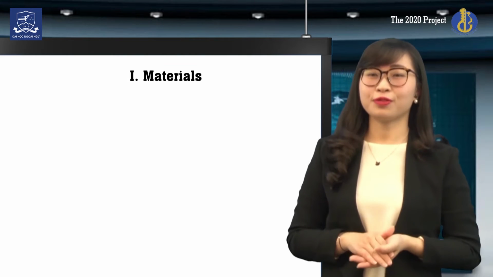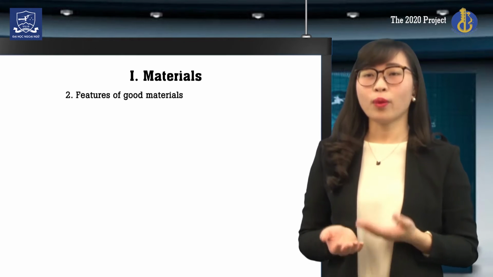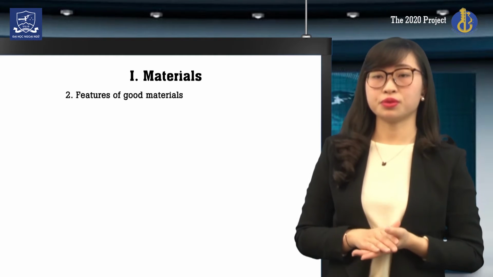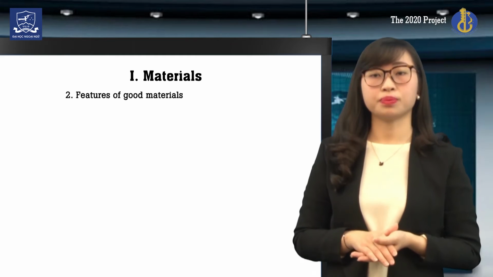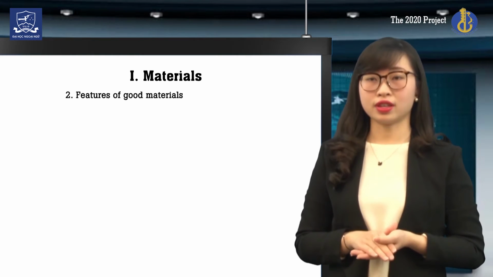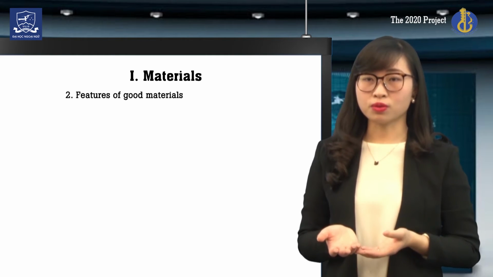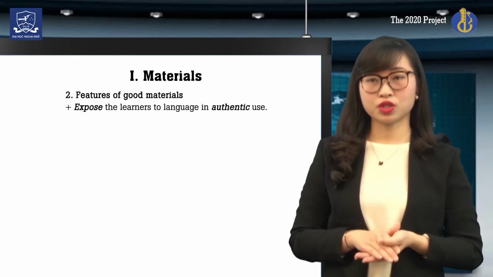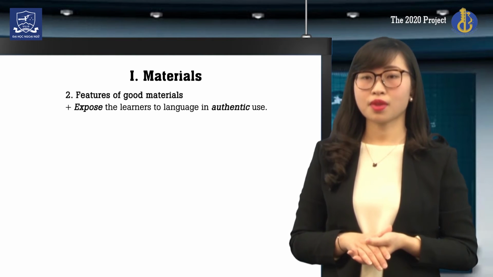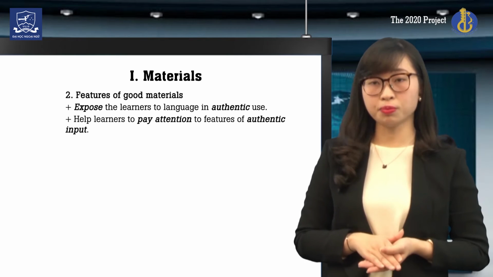We'll move on with the features of good materials. I believe that when attending this lecture, you all wonder whether the materials you are using are good or not. So, if they have the following qualities, we'd consider them good. First of all, they expose the learners to language in authentic use. They help learners to pay attention to features of authentic input.